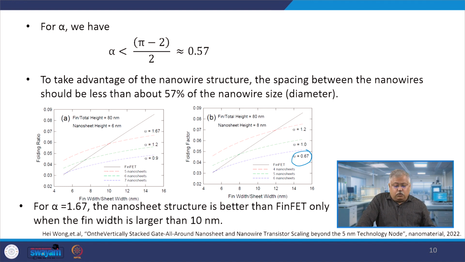So, what we have concluded from all these discussions till now is that we have been able to formulate at least one basic policy for a nanosheet FET: what should be the design criteria so that it performs better than FinFET for the same amount of layout area or the same amount of silicon area.